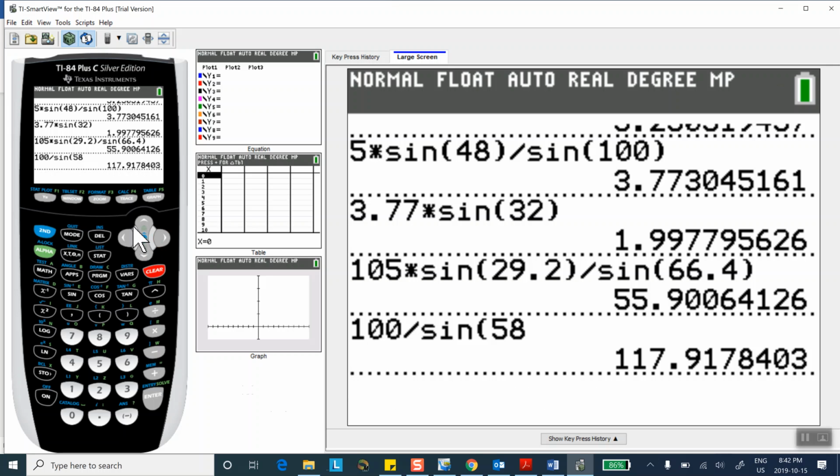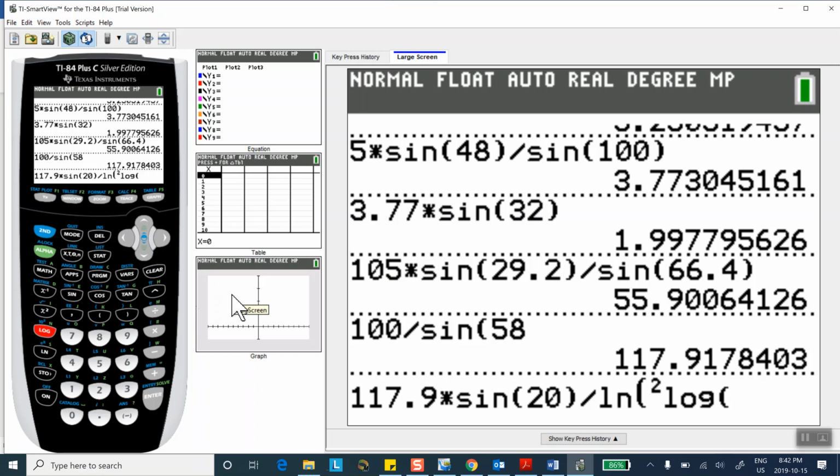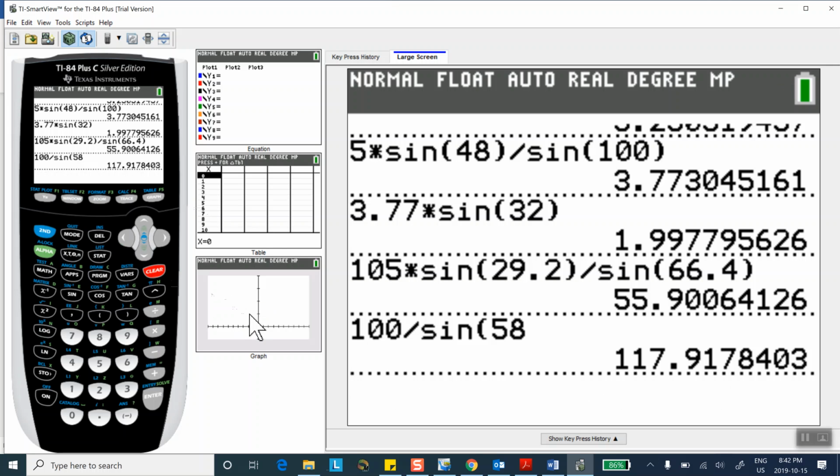Oh, I'm sorry. 117.9 times sine of 20 divided by sine of, clear.